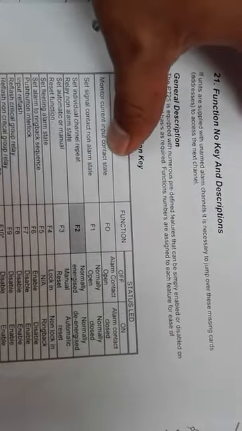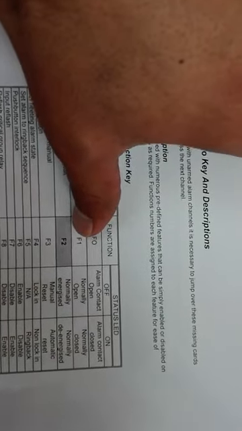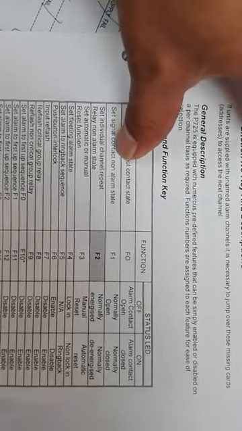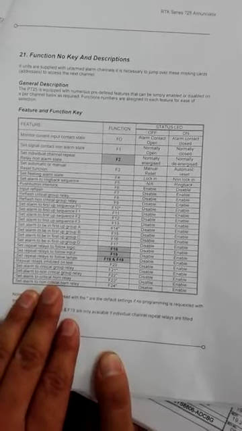Monitor current input contact state. If F1 is enabled, what is its feature? Set signal contact non-alarm state. Similarly, F2 and F3 have their separate features.